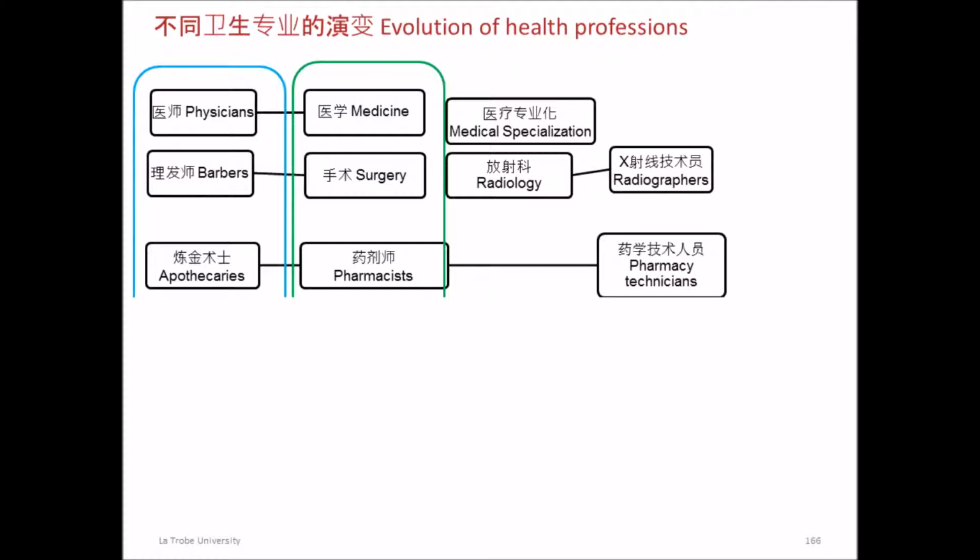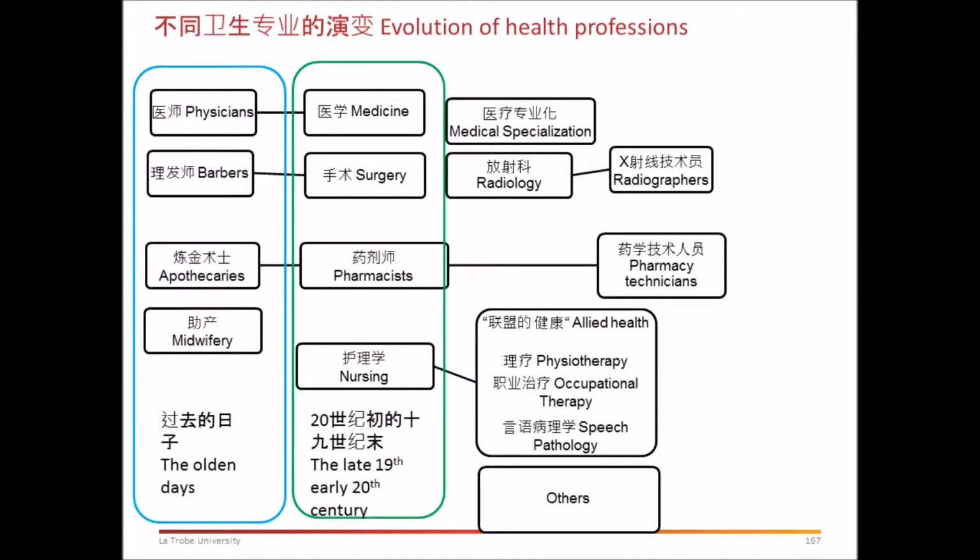Their roots lay with apothecaries, and they're one of the oldest registered groups, certainly in Victoria. But the complexity of pharmacy health provision has grown, so that there's diversification now, with the development of roles such as pharmacy technicians to assist the pharmacists.